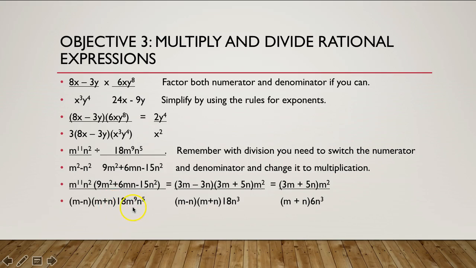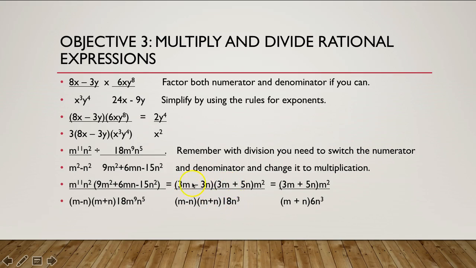Then you have 18m to the 9th n to the 5th. And then factored the numerator here into 3 times m minus n and 3m plus 5n times n squared over m minus n, m plus n, and then 18n to the 3rd.